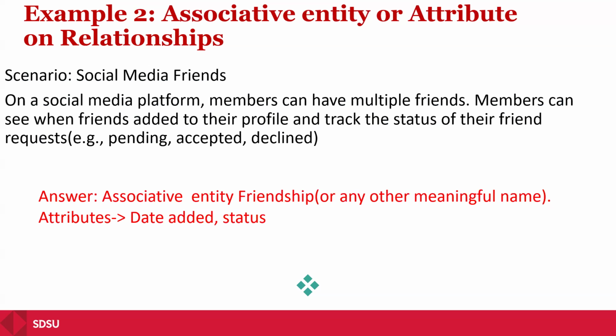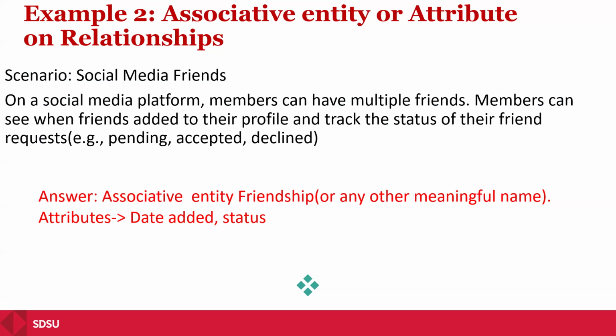So we have two entities, members and friends, and we have a relationship between those called friendship. This scenario doesn't define the type of relationship, so I put friendship here, but you can give it any other meaningful name. And again, the attributes of this friendship associative entity will be date and status.